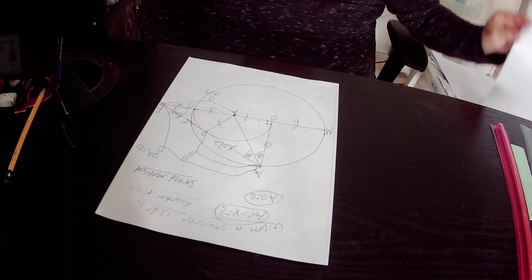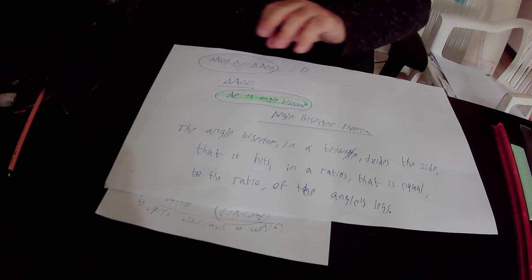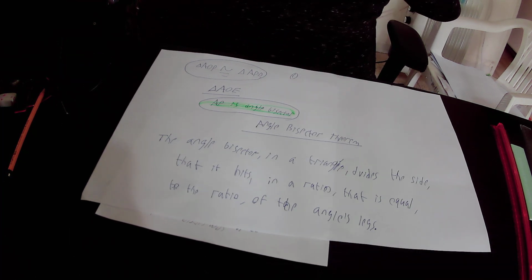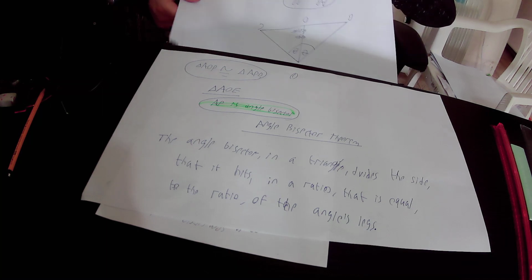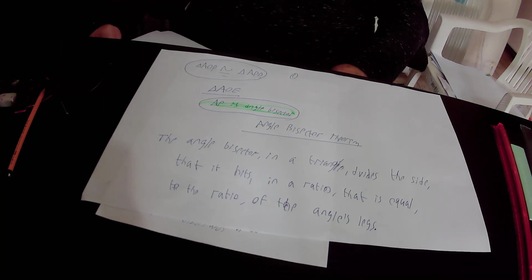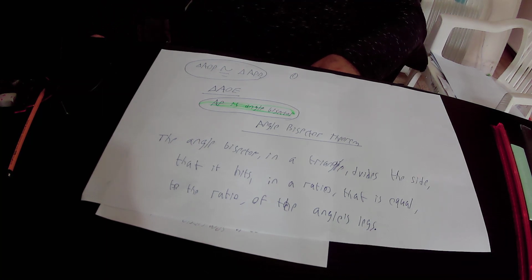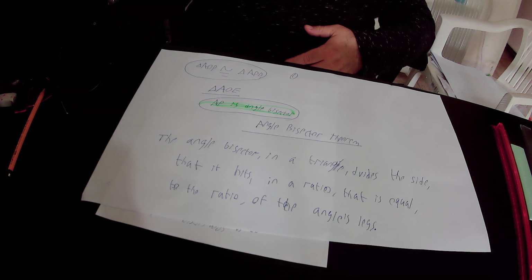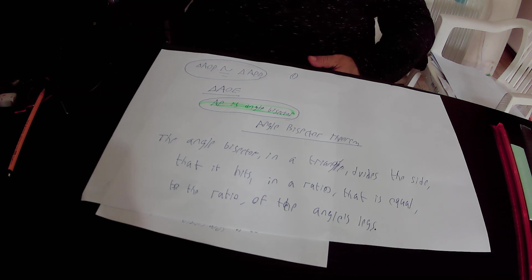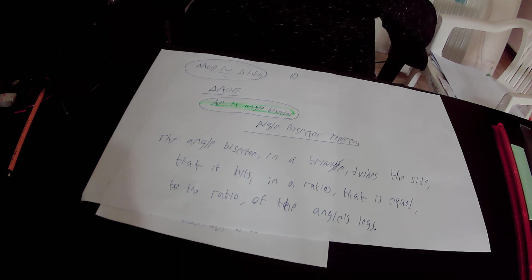Then I presented to you the angle bisector theorem. According to the angle bisector theorem, the angle bisector in a triangle divides the side that it hits in a ratio that is equal to the ratio of the angle's legs.